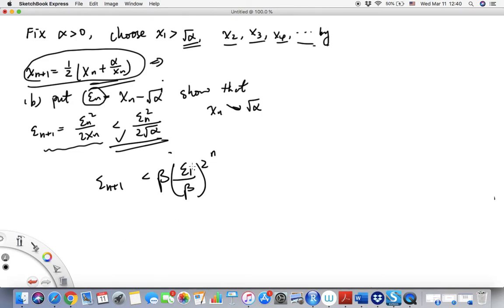So as long as your initial guess is not too far off, so if epsilon 1 over beta is, say, less than 1, then this thing goes to 0 super fast. In fact, it's even faster than exponential rate because your exponent is exponential in n. So this is a super fast algorithm, you can say, for computing the square root of some number.